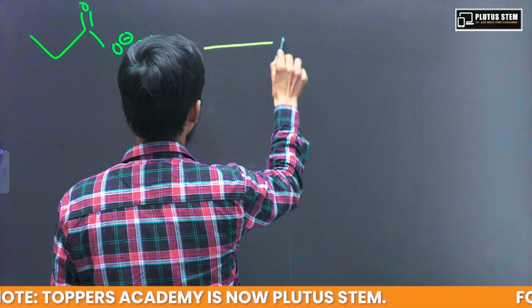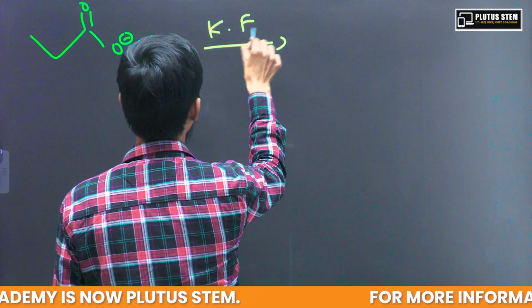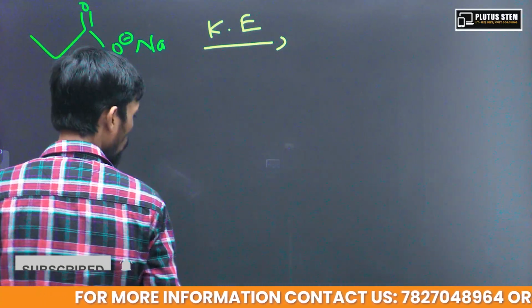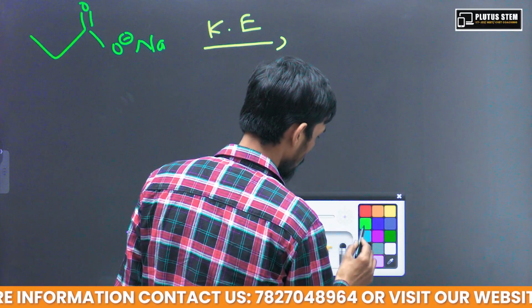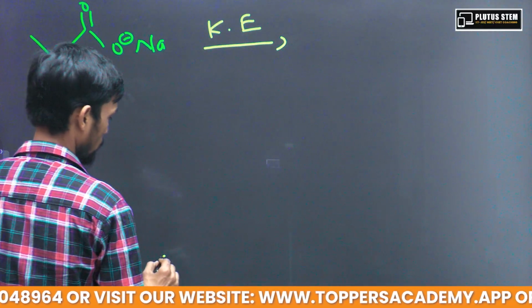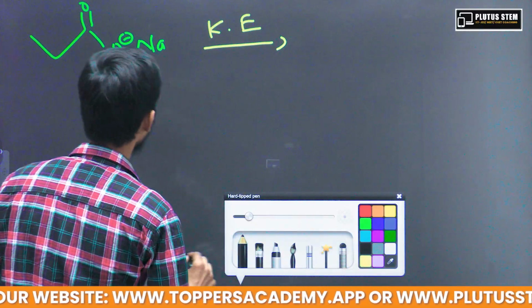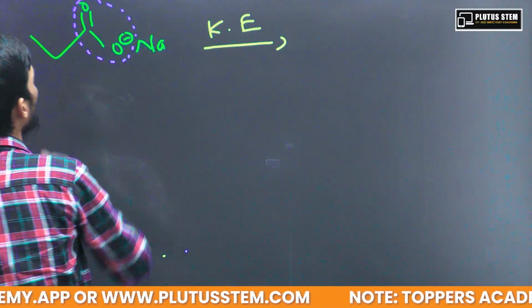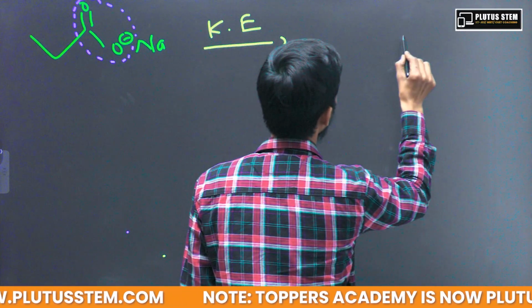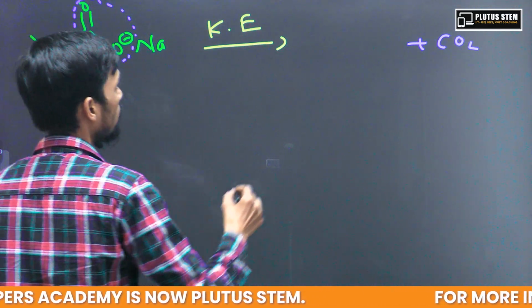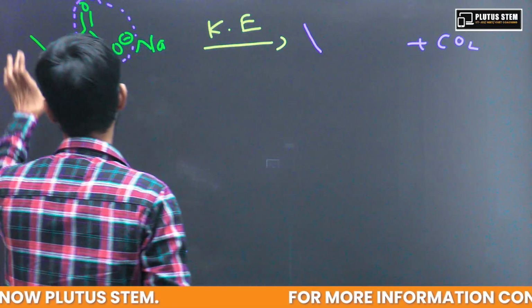If you want to follow the Kolbe electrolysis, what you need to do is nothing, just liberate this carbon dioxide from here, plus CO2 and this CH3 and CH3, this bond.